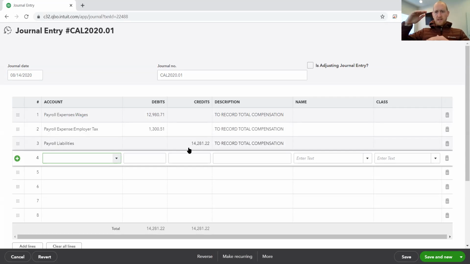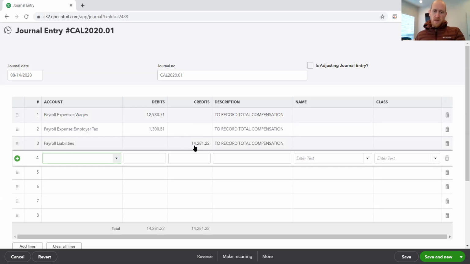So that credits payroll liabilities, that increases payroll liabilities on your balance sheet. You're going to see then, as of 8/14, you're going to see wages expense, tax expense, the accurate amount there for that period. And then you're going to have this payroll liability balance, okay?